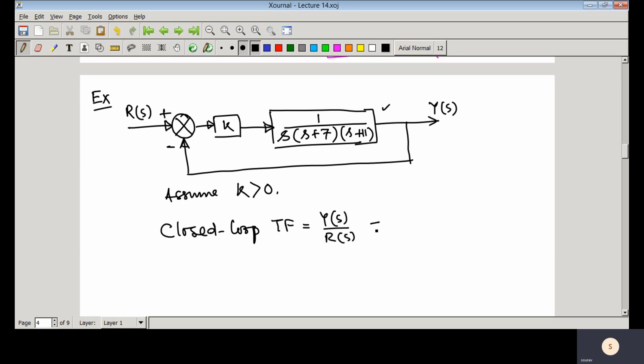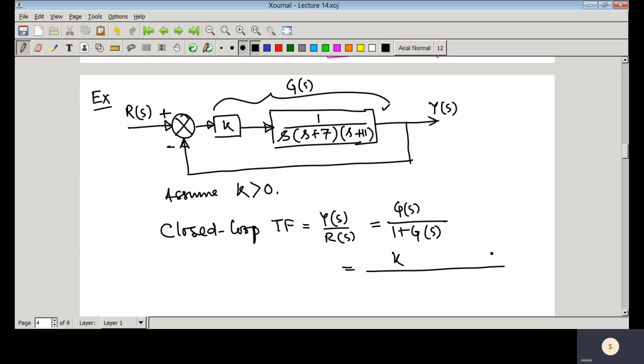So if we say that this whole thing is G(s), then G(s) by 1 plus G(s). Then if you write that one, you would have the closed loop transfer function, that is K over s cube plus 18s square plus 77s plus K.